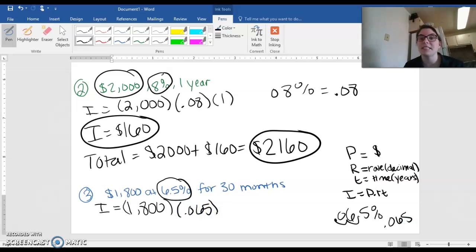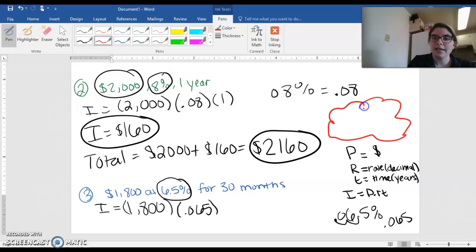When I get to the next step, it says time in years. Okay, well, they only give me the time in months. I'm gonna switch to red pen. I'm gonna do it right over here. Okay, so they only give me the time in months. So I know I have 30 months, and then there's 12 months in each year, so I'm gonna divide it by 12.